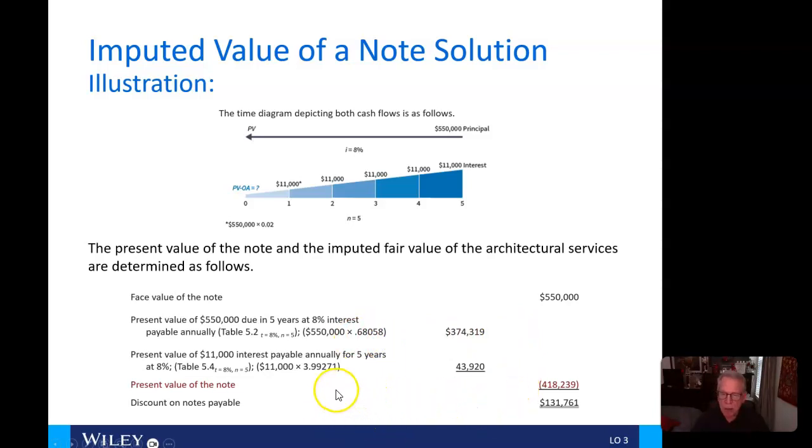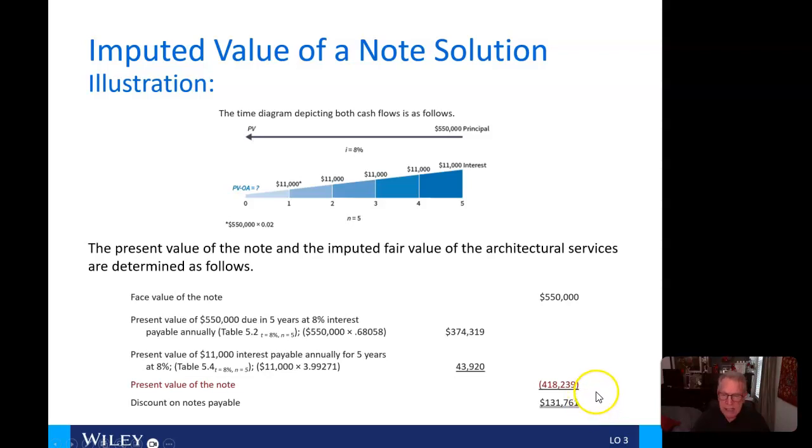Then we take the present value of an annuity, again, 8%, 5 periods. We take that factor and multiply it times $11,000, and that gives us $43,920. We add those two together, and that gives me the present value of the note.